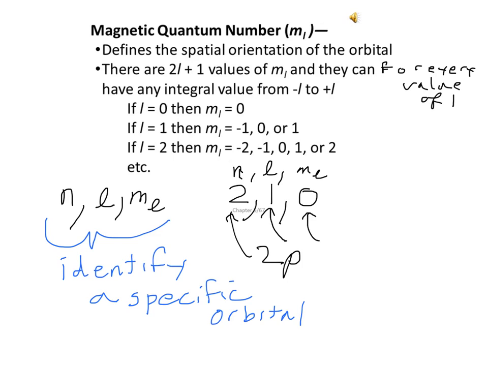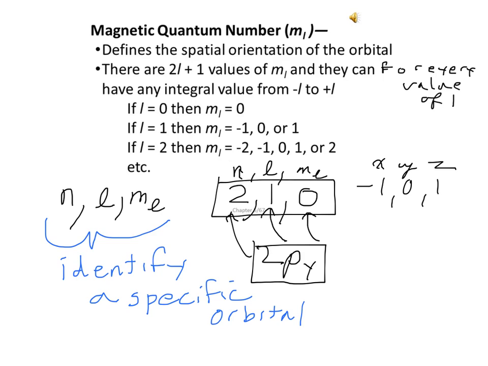M sub L equals 0 is an orbital, and if you look at your little chart, -1, 0, 1 goes X, Y, Z, so it would be py. It would be the 2py orbital that would have this set of quantum numbers. So by giving 3 quantum numbers, we can identify a specific orbital.